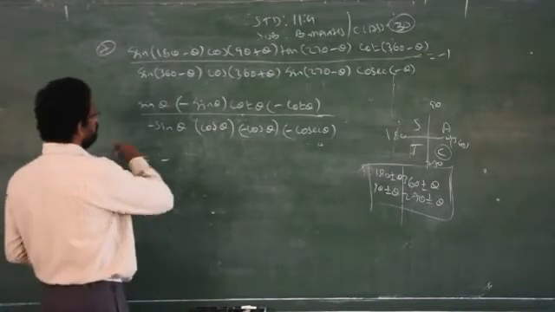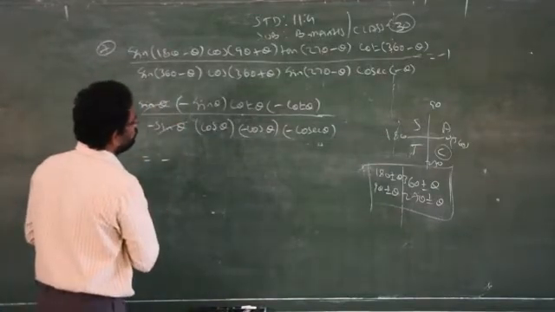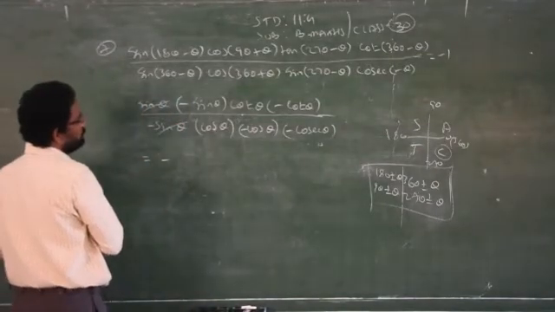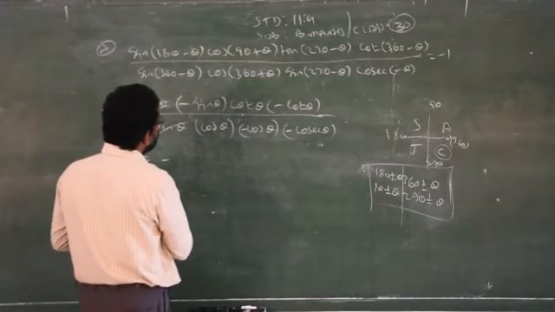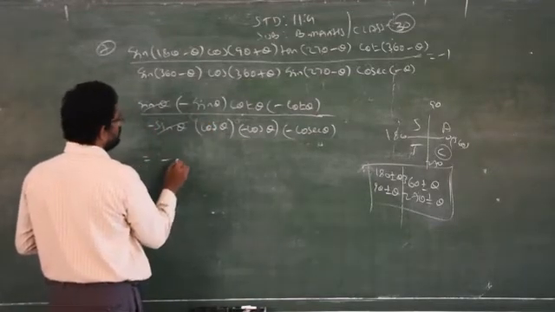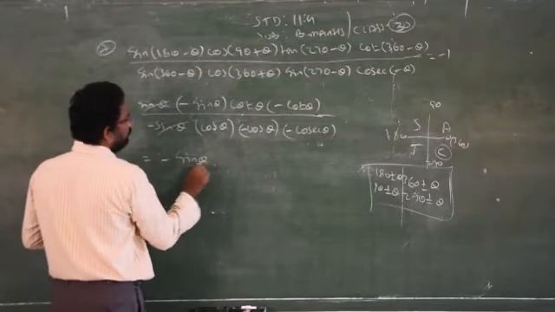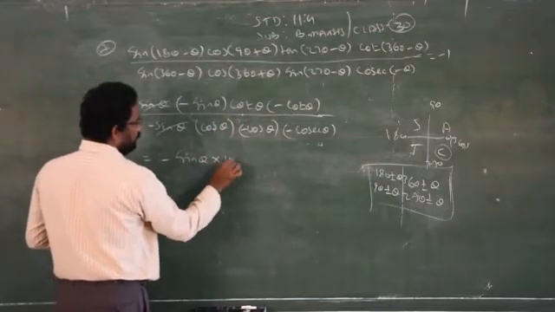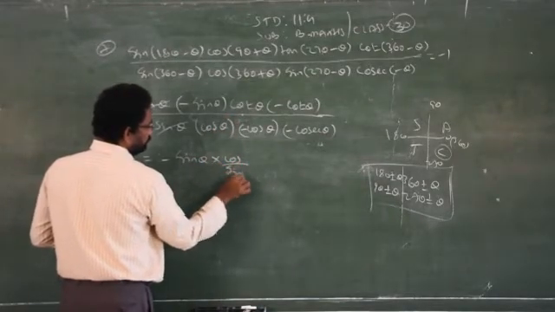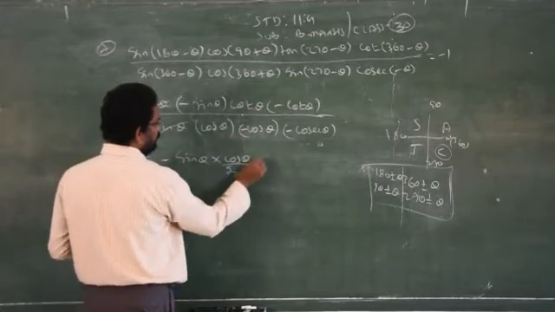Now you try to simplify, the sign gets cancelled. Is there any other possibility to simplify it? So you have to write as it is, that is sin theta. Cos theta you can write as cos by sin. You know these are all studied already in the lower classes.